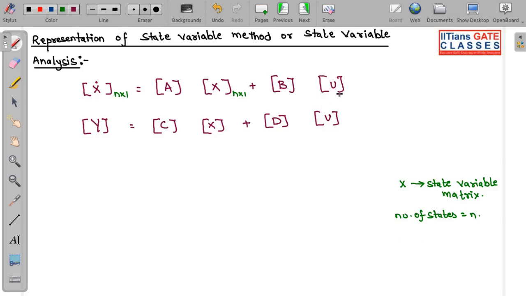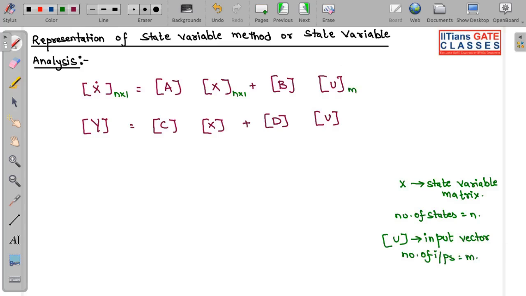Now let us assume U denotes the input matrix, or input vector, and let us assume the number of inputs is m.